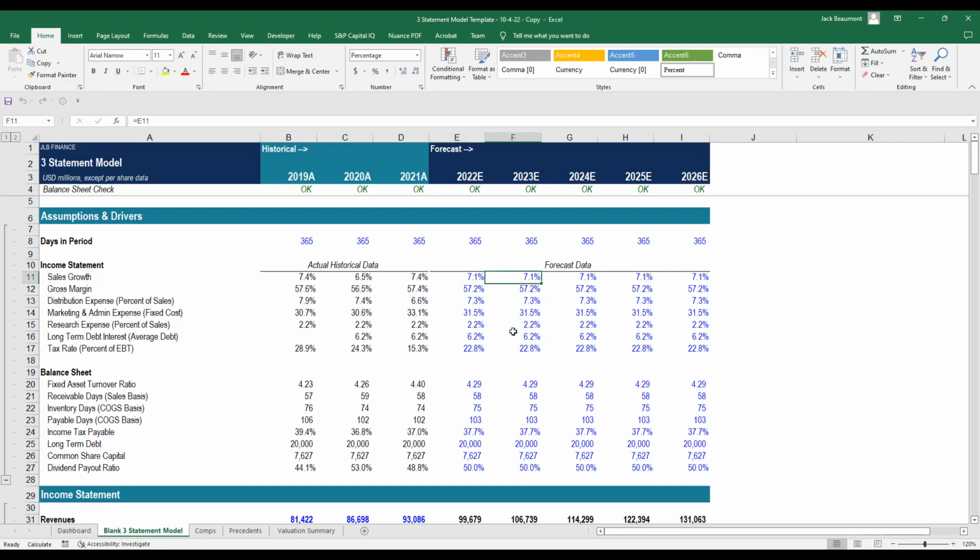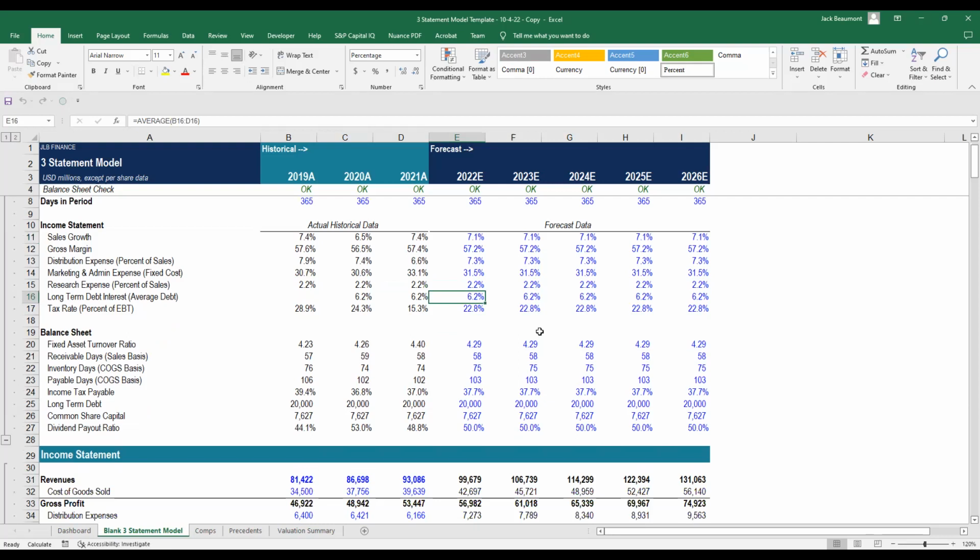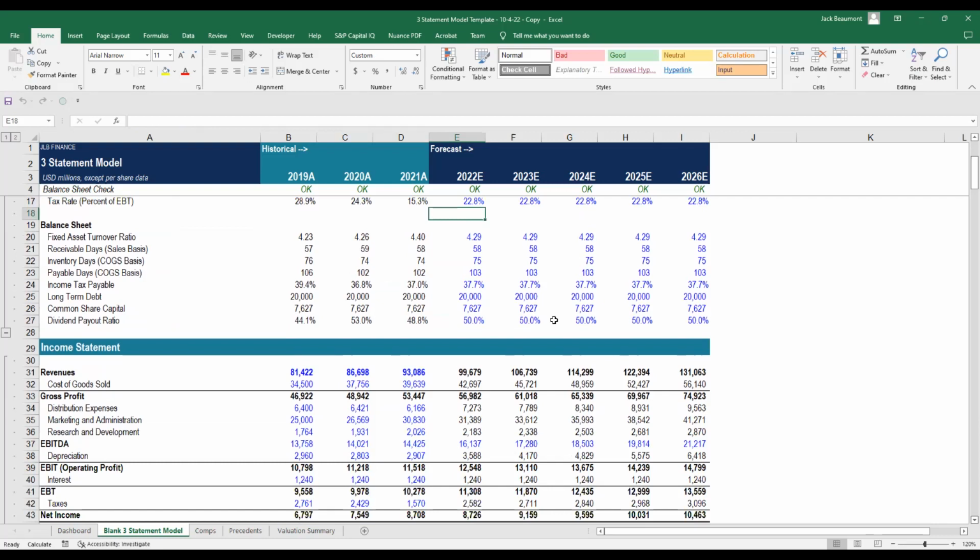All the forecast data of these expenses here were based on the historical averages. So that's all put in nicely there. I think a couple of these were not in that format on the past one, so that's been updated. But I think everything else should be pretty much similar.